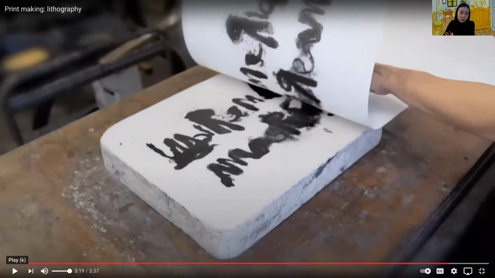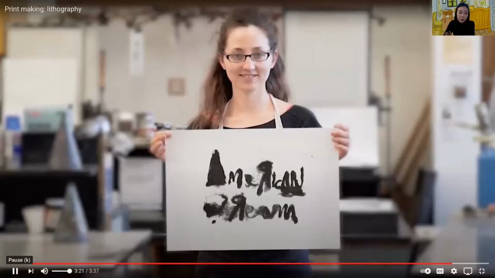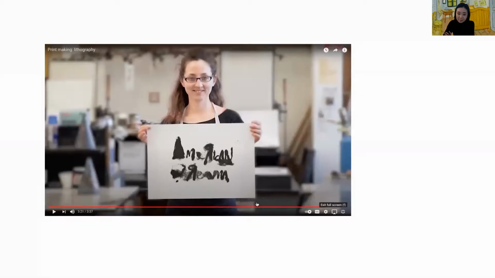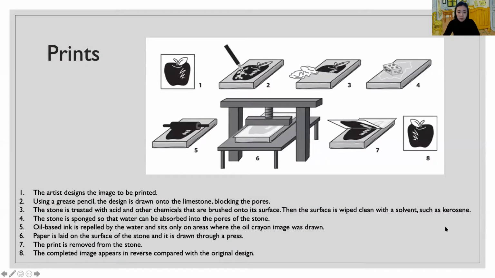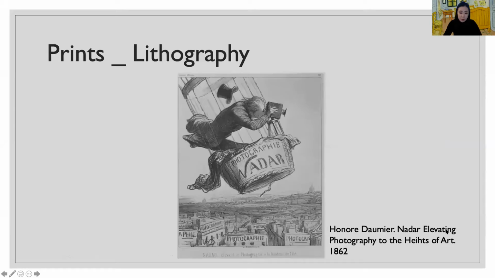See, like this. So that is lithography. Lithography is a planographic process, which means that the printing surface is totally flat.